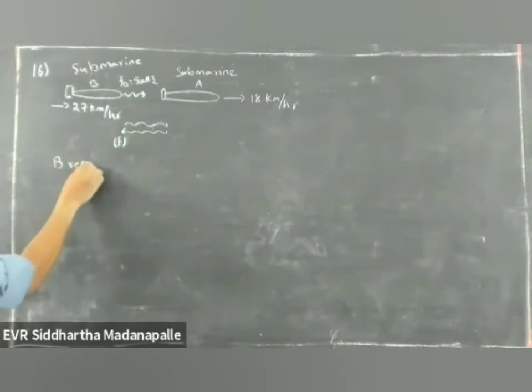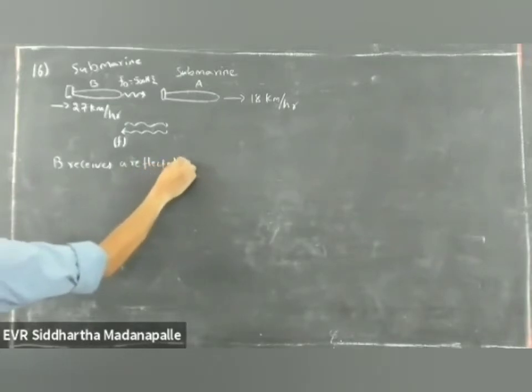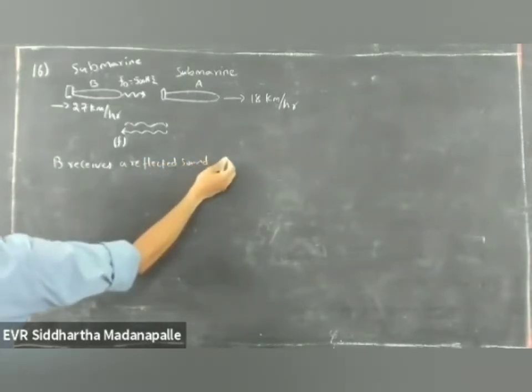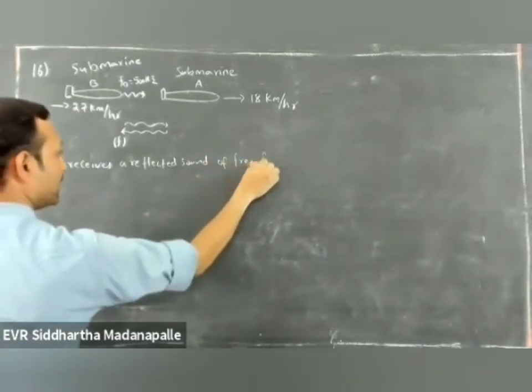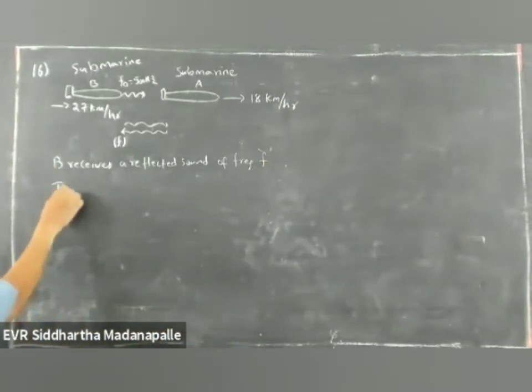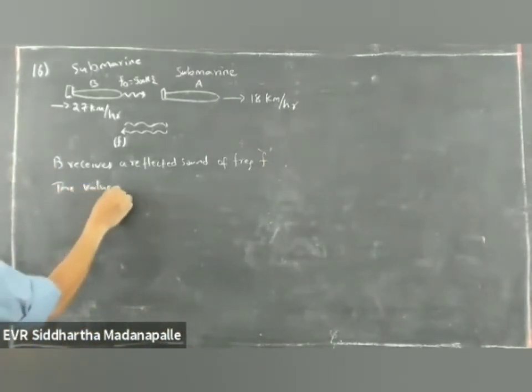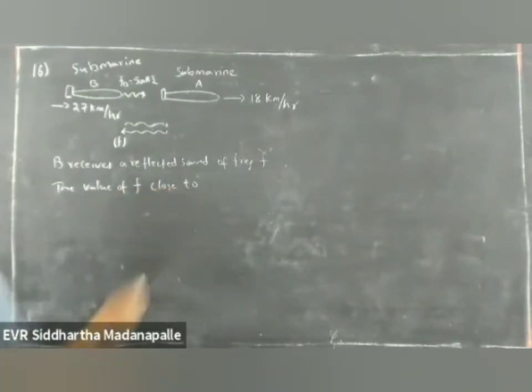B receives a reflected sound of frequency f. The value of f is close to... careful, here both are moving.